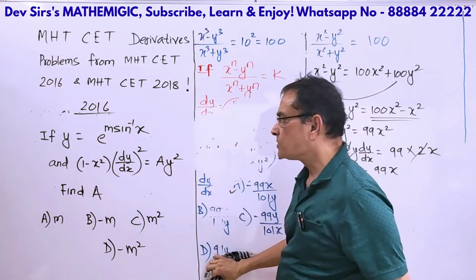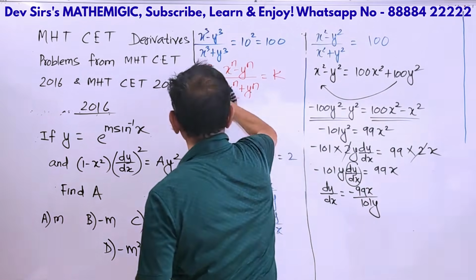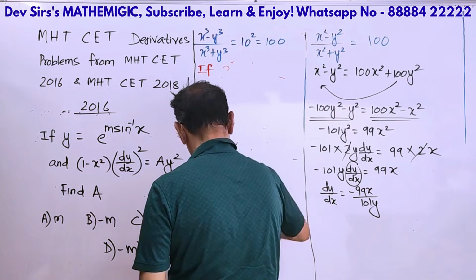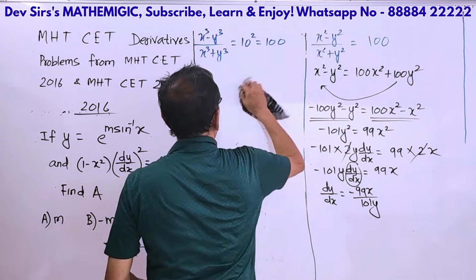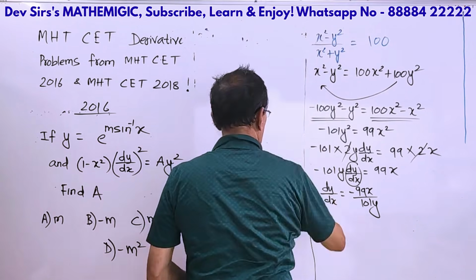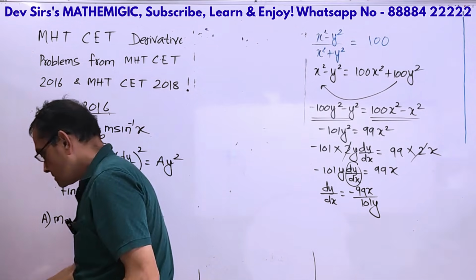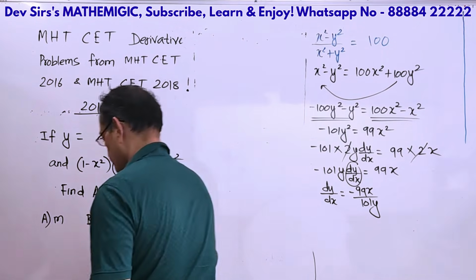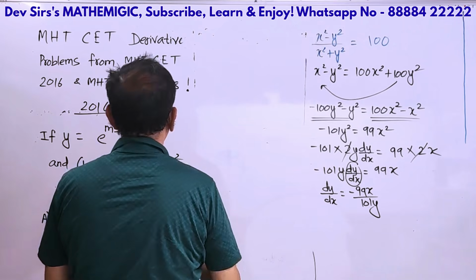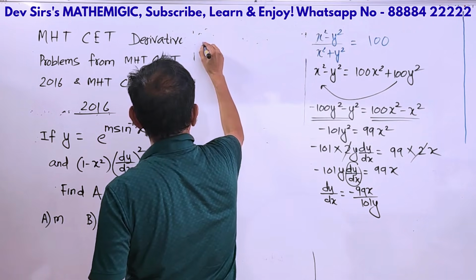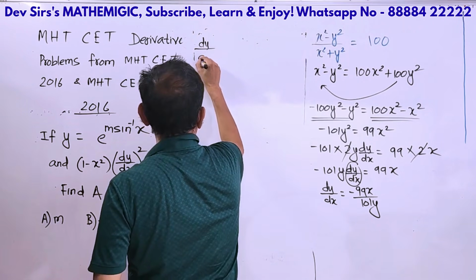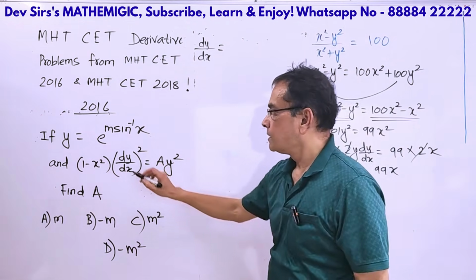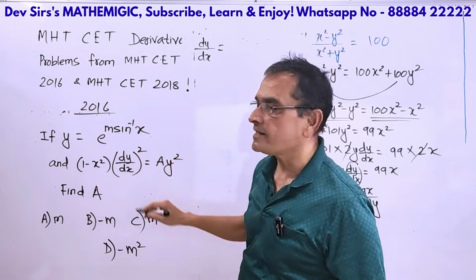Now this is not an implicit function, this is a higher order derivative, okay? Right. So directly dy by dx. Derivative of e raised to x is e raised to x.